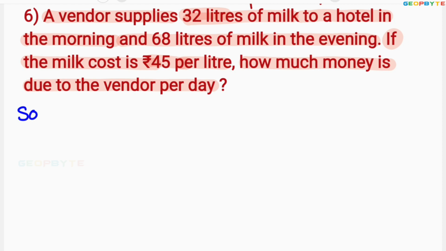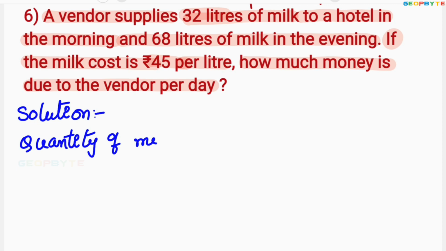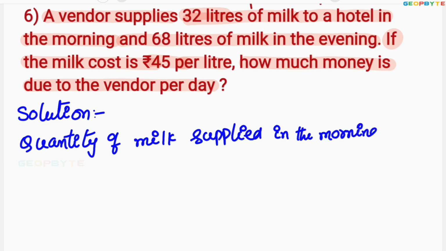The solution is the quantity of milk supplied in the morning. In the morning, how many liters he supplied? 32 liters.